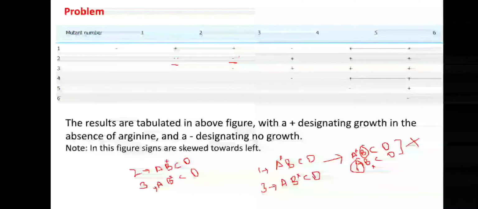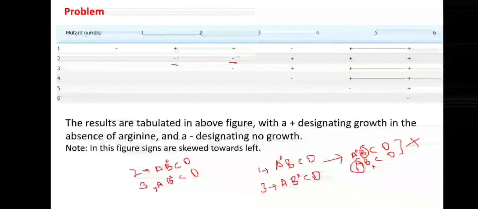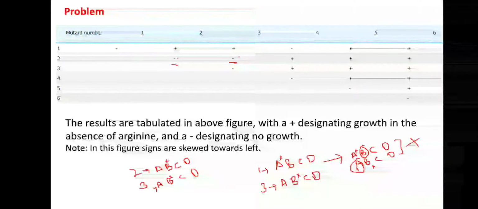But in the previous slide, when we were going step by step, I thought that the mutation is in some other gene. I took C there, but don't get confused. I'm relating all these things, and please try to look at this example.